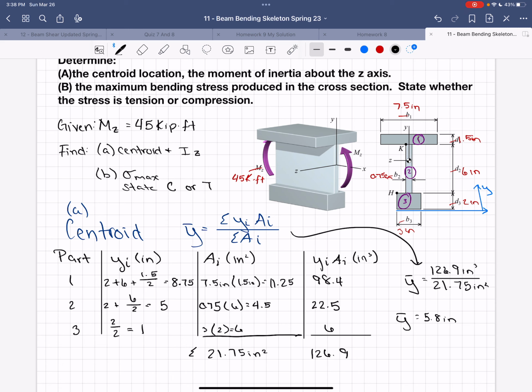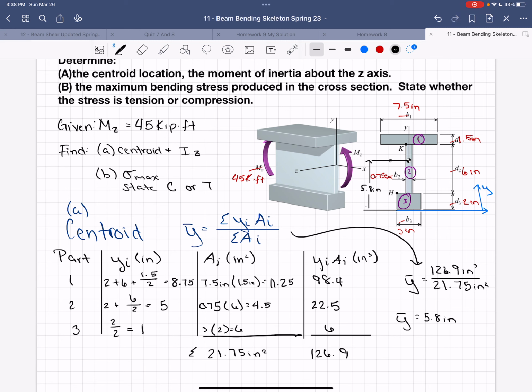So if we have this, our centroid is going to be somewhere around 8.5. It's going to be over halfway, about. So it'll be right here. They have it marked for us. And that distance is 5.8 inches from the bottom.